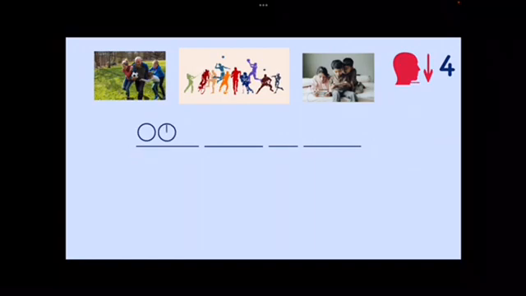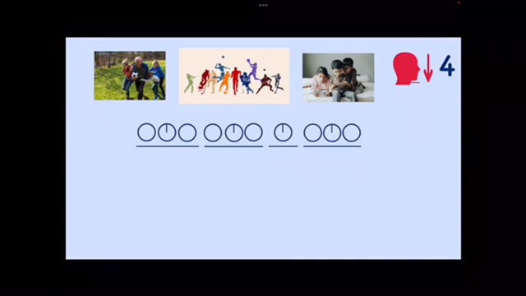Okay. K, O, M, P, E, T, I, tiv, T, I, V. Let's write the letters we need.